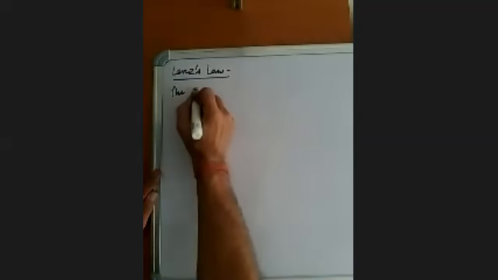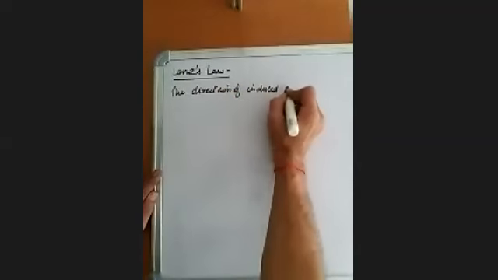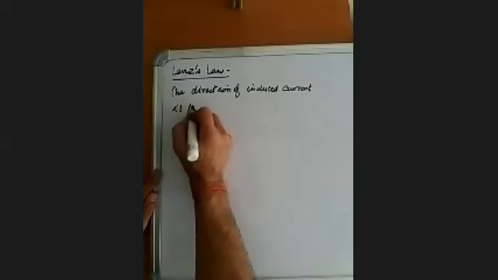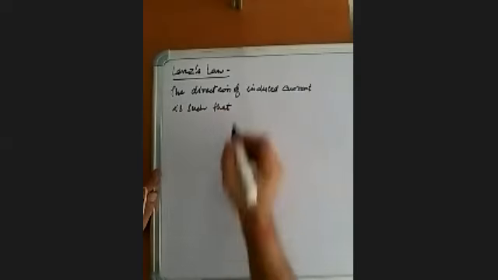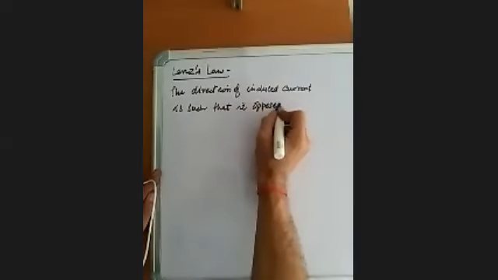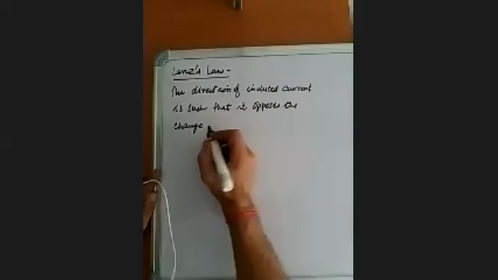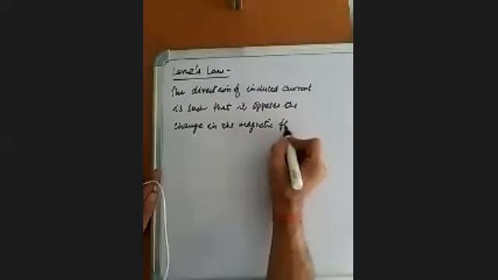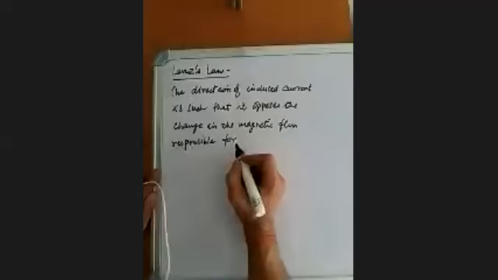According to this law, if it is a closed circuit, the direction of induced current is such that it opposes the change in the magnetic flux responsible for its production.